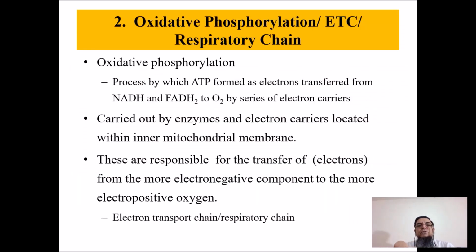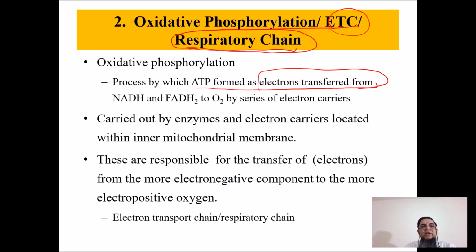The other type of phosphorylation is oxidative phosphorylation that takes place in the electron transport chain. It is also known as the respiratory chain, which is present in the mitochondria. Oxidative phosphorylation is a process by which ATP is formed with the help of the electrons transferred from NADH or FADH2 to oxygen, with a series of electron carriers.